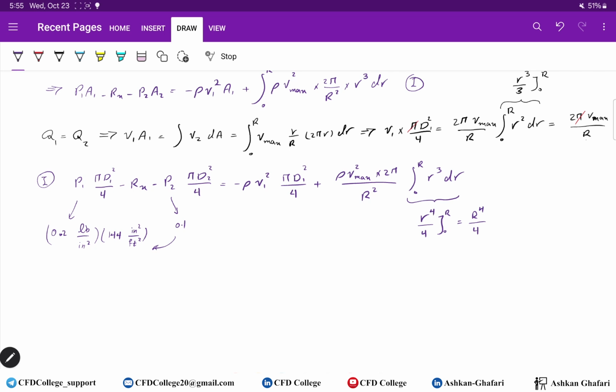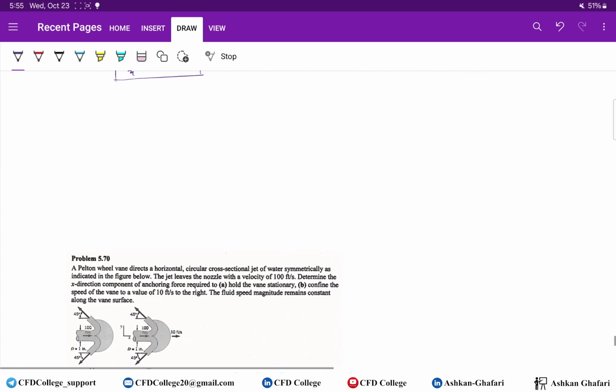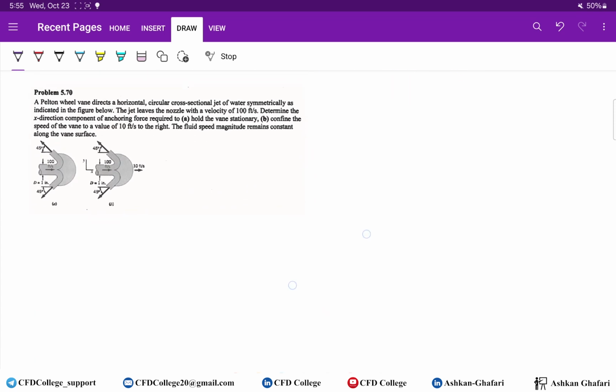D1 equals D2 equals 2 feet. V1 is 100 feet per second. We have Vmax, we know R, and we know rho. The density of the air is 0.00238 slugs per cubic feet. Now you can do the math, and Rx would be 13.3 pounds. I think doing the math and the calculation is the easiest part, so I leave it for you.